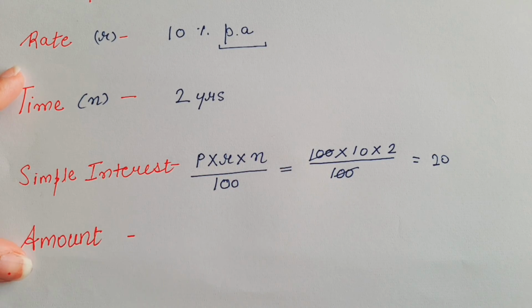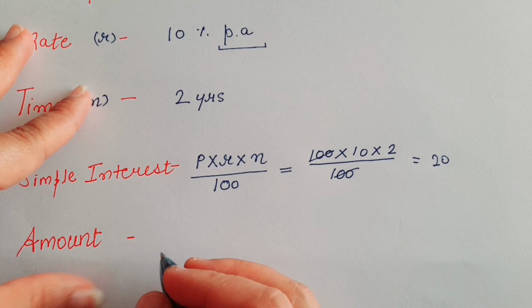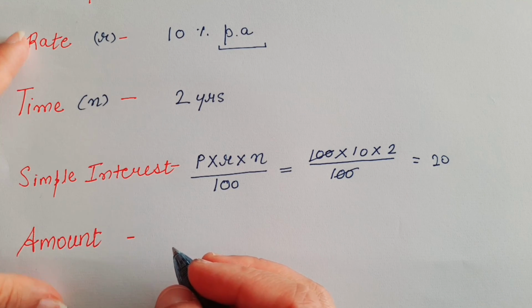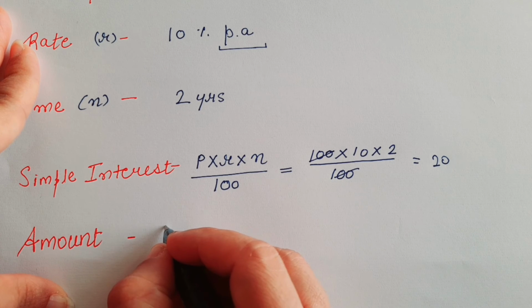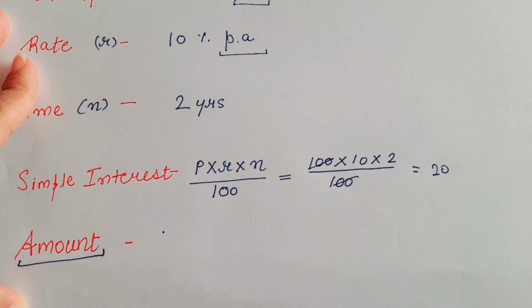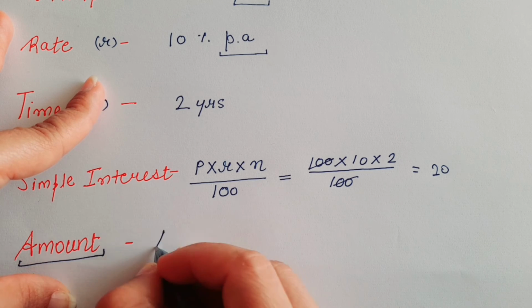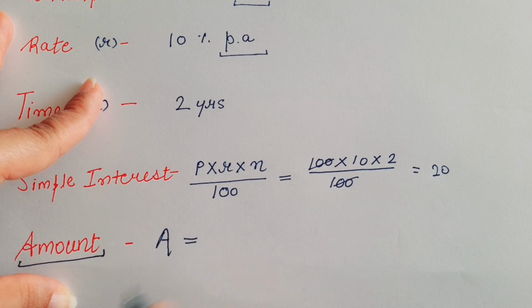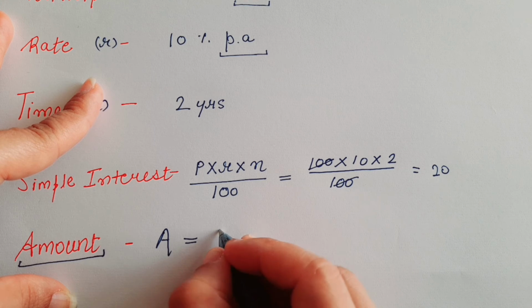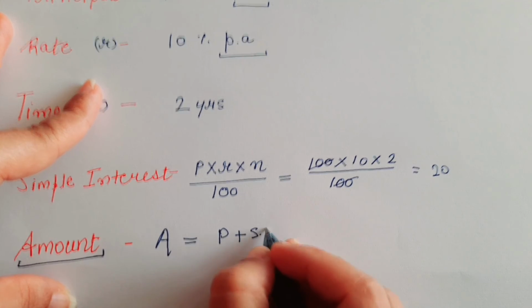Simple interest is 20. Because the time is 2 years, after 2 years you will get your amount. What you will get after 2 years is called amount. We write it as A, and amount is equal to principal plus simple interest.